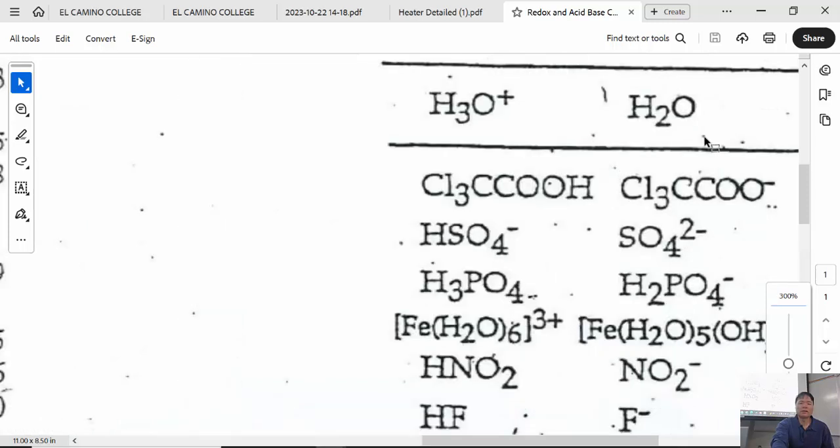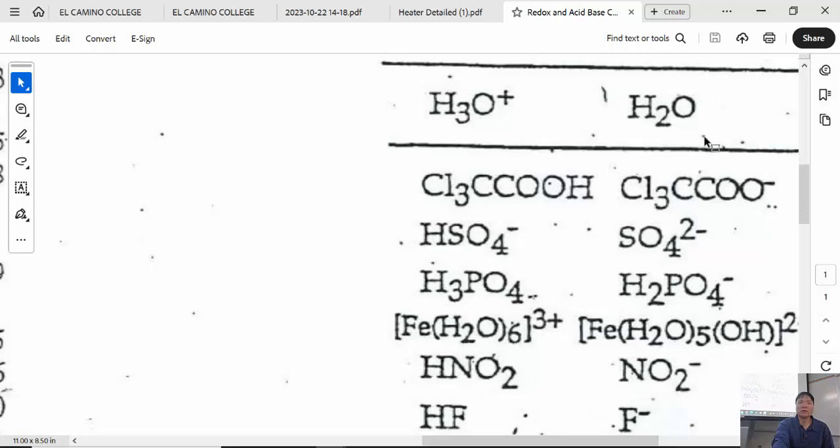It's stronger than what? Nitric acid? No, that's not nitric acid. Somebody? No? What acid is that? HNO2. Nitric acid is not HNO2. Nitric acid is HNO3.